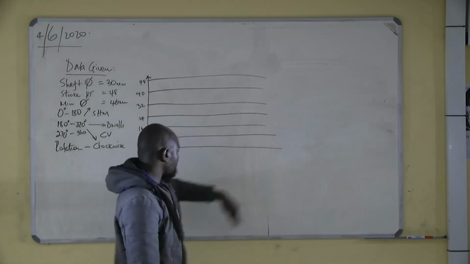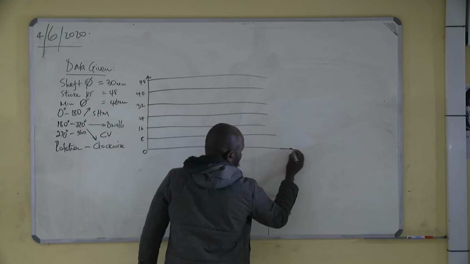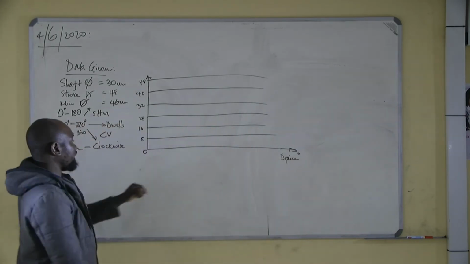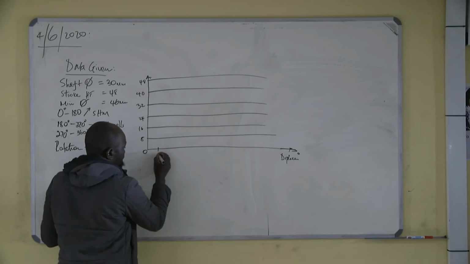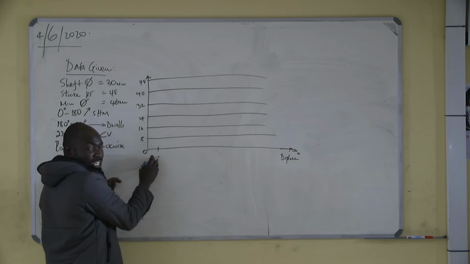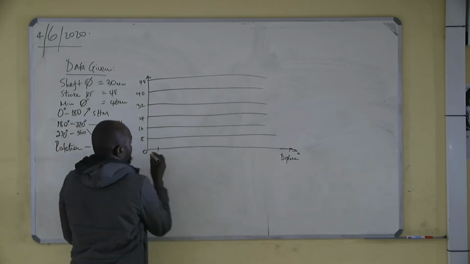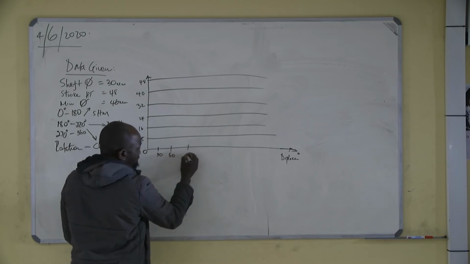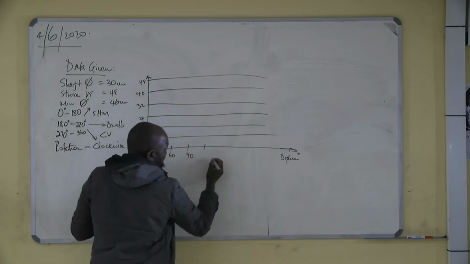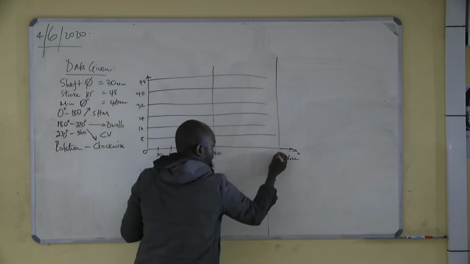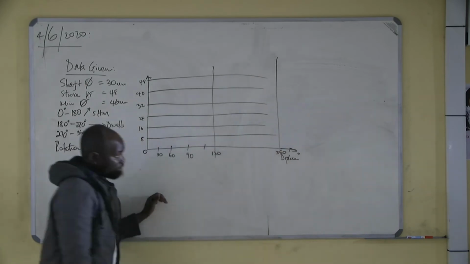Then on the horizontal is where we have our displacement, and it is in degrees, the rotation. We divide this horizontal section into 1 centimeter units. So we have the first as 30 degrees, 60 degrees, 90 degrees, then your mid 180 and the last 360.